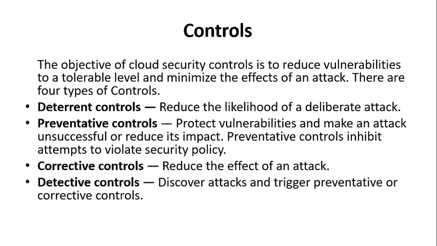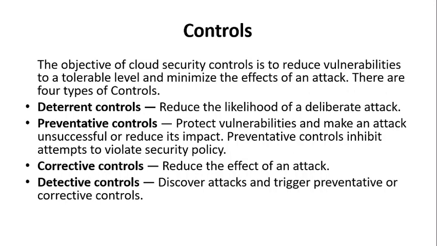And corrective controls tell that once an attack happens on a system, the causes have to be identified, and they have to write some new code so that the attack may not happen on the system again and again, so that it reduces the effect of an attack.